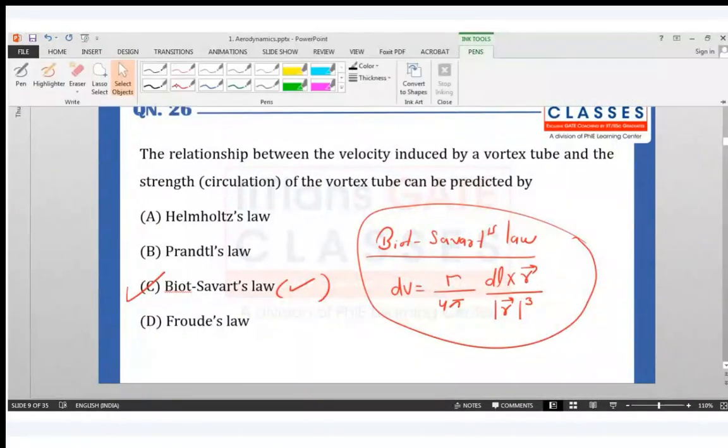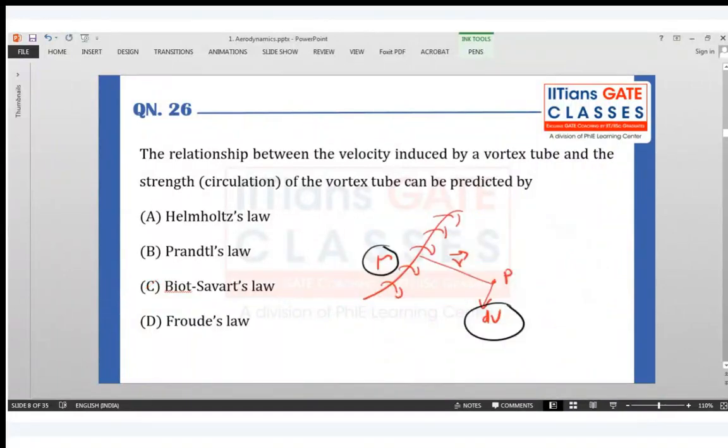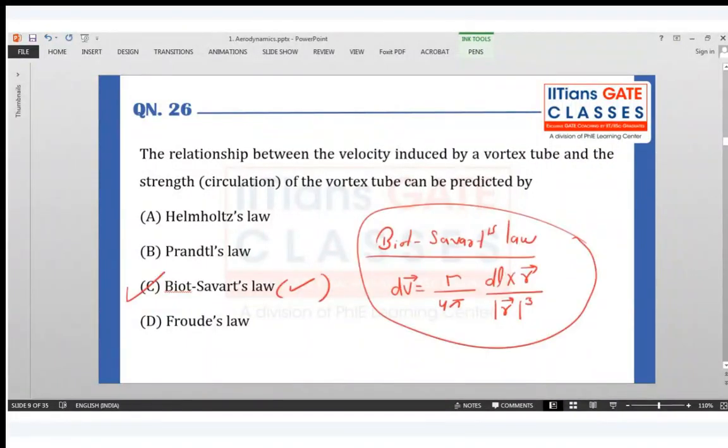Sir, this is like mu naught in the electrical thing, that constant, I believe. Might be. I'm not too good at electrical, but I know the formula has a similar form. Yes, sir, almost similar form. There's a 4 pi in the denominator, a length vector, a positional vector, a cube, dl by r square.